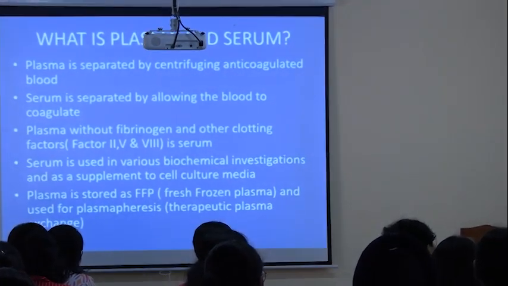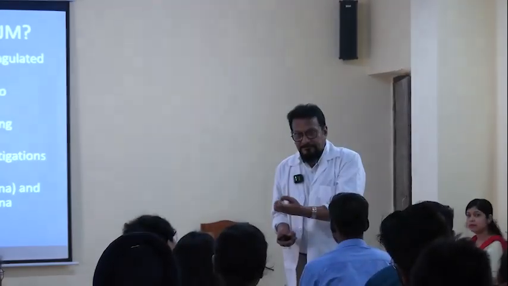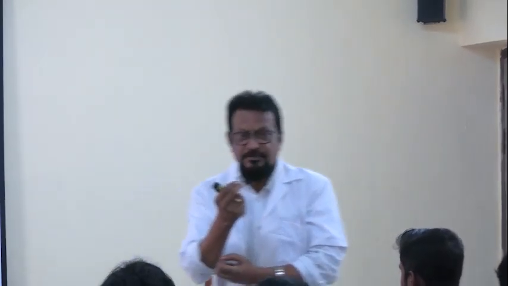And if you keep this for a certain time, then what happens? The clot retracts. As a result of retraction, some fluid comes out of this clot, and this is serum. So, what is the difference between plasma and serum?